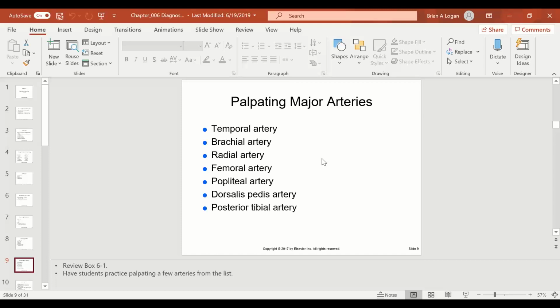We talked about femoral artery in the groin, popliteal artery, the dorsalis pedis, or your pedal pulse, top of your foot, and then you have a posterior tibial artery, but we don't typically take a pulse from that one. The one I didn't list here is your carotid artery up in the neck.